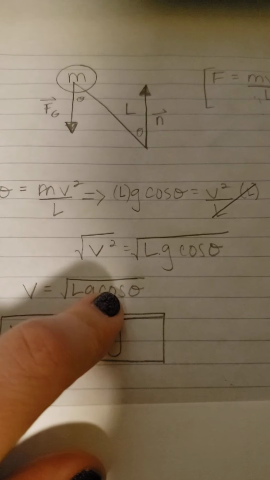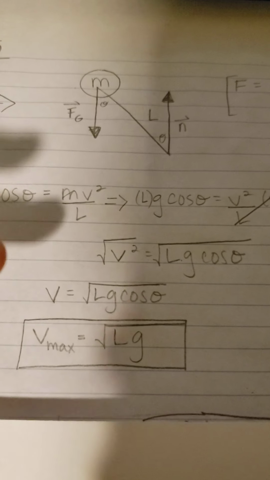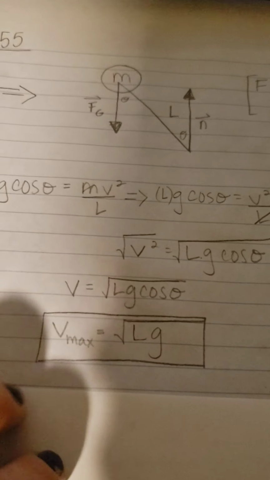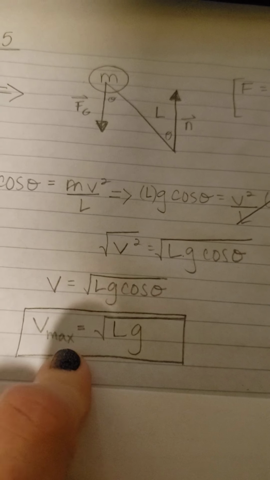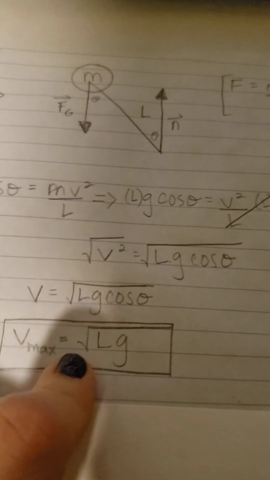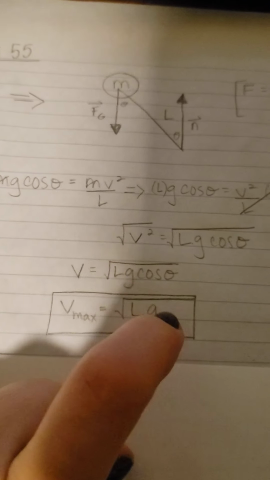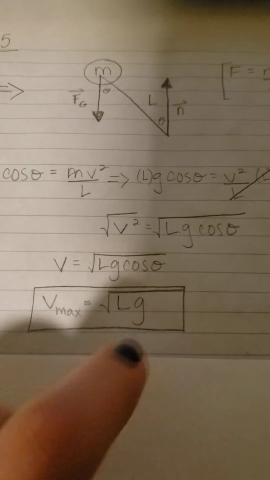So we can just throw that out, and then our velocity maximum is going to be the square root of the length of the leg times gravity. So that's our equation for part A.